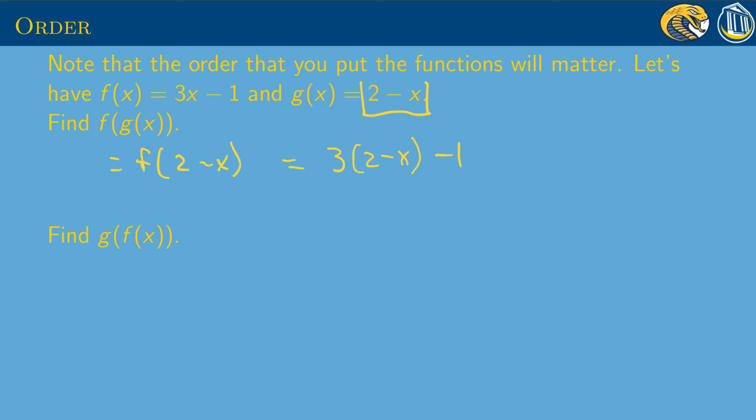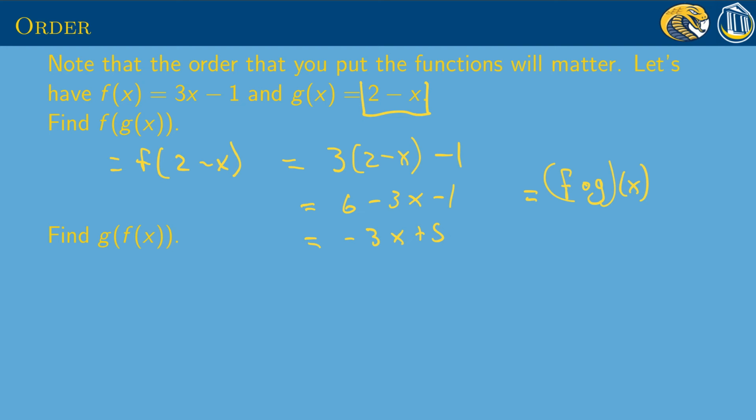If we want, we can simplify this, giving us 6 minus 3x minus 1, and then we could rewrite that as negative 3x plus 5 if we wanted to. And this is our function composition. This is what f of g of x was equal to.